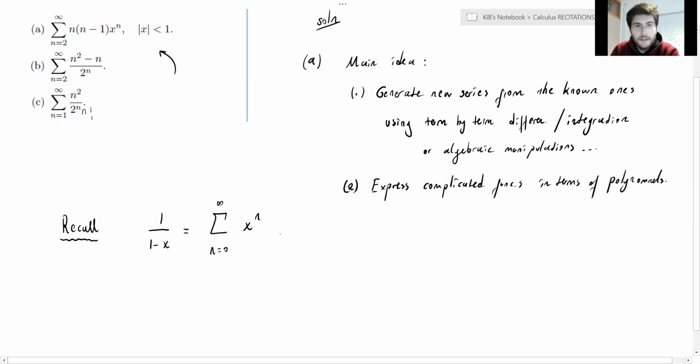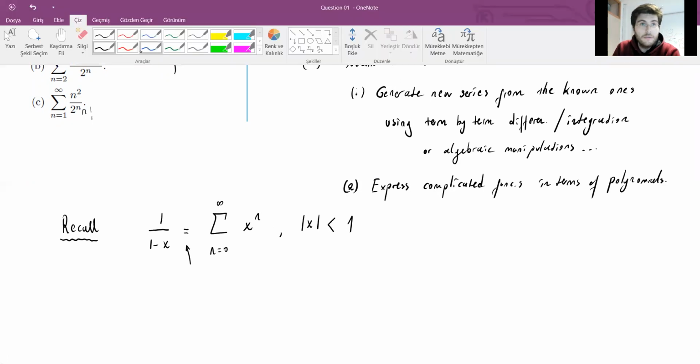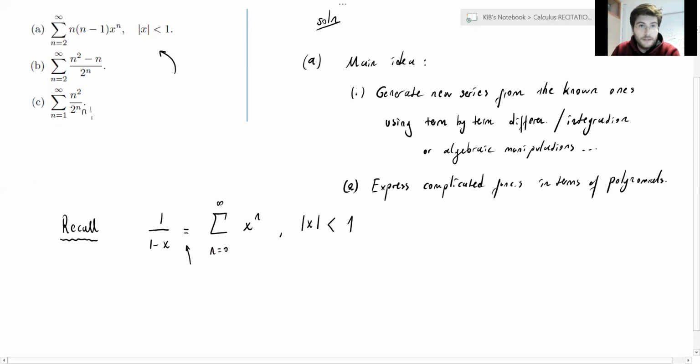But be careful. This is actually, there is a missing information here. So this equality here is true, not for all x, but with some restrictions, okay? We should always specify this kind of restrictions over here. So this is not true unless x is less than 1, absolute value.